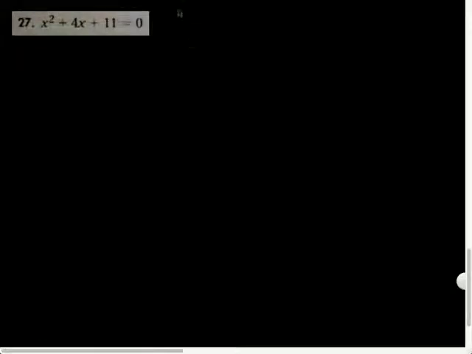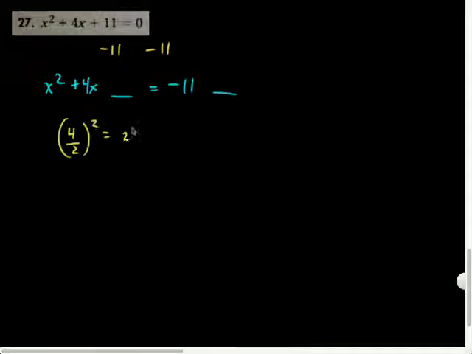Let's see. Last problem, 27. Subtract 11 from both sides. So I'll have x squared plus 4x equals negative 11. All right, so let's find our new c term. That's 4 over 2, all squared, which is equal to 4.